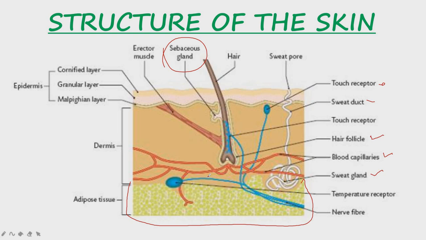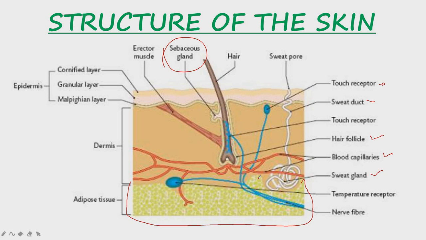That's why we call it subcutaneous fatty tissue or adipose tissue. As well as that, it acts as a long-term food storage. Fats are being stored at this particular layer of the skin.